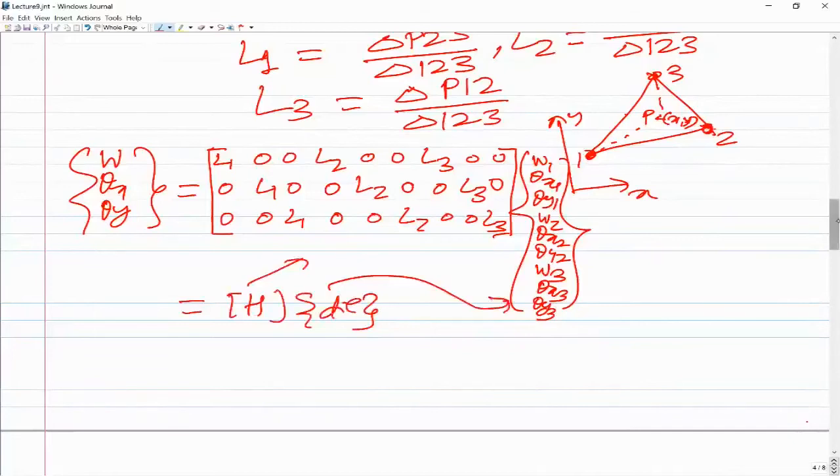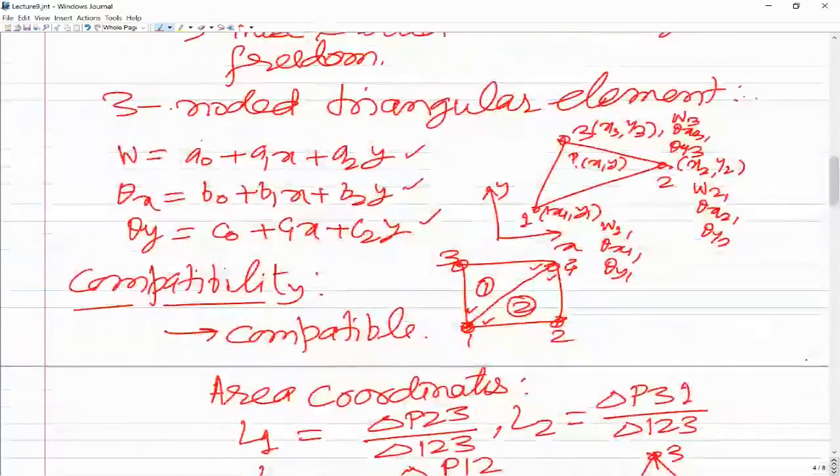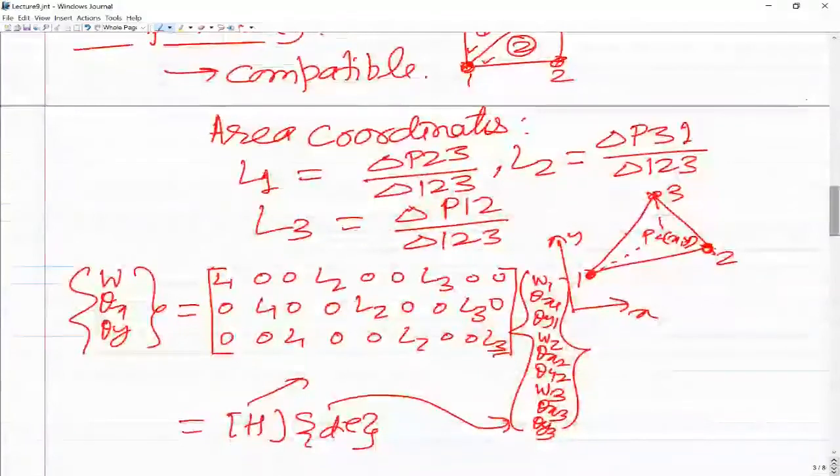You have to express these small a0, a1, a2 in terms of w1, w2 and w3. When you collect the coefficients of w1, w2 and w3, whatever functions you get turn out to be these area coordinates L1, L2, L3.